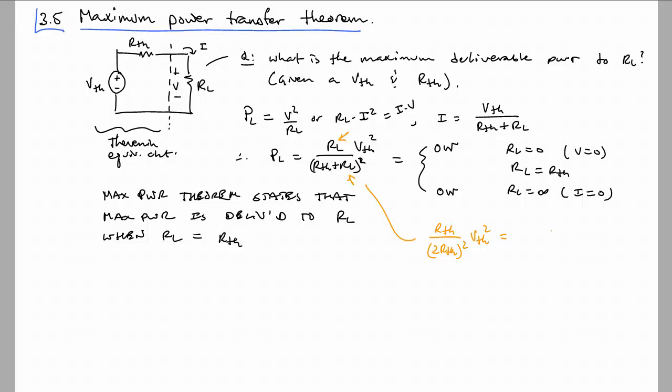So that's going to be 1 over 4 R Thevenin, and VTH squared on the top. So VTH squared over 4 R Thevenin. That's going to be the maximum power.